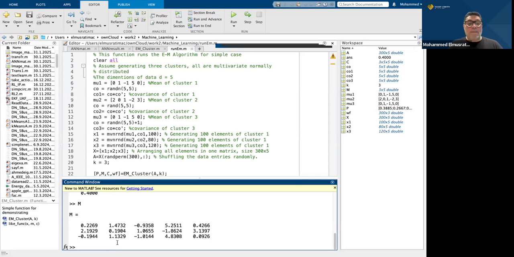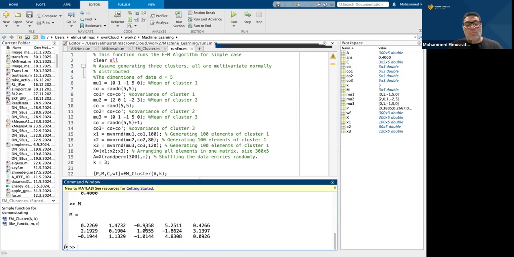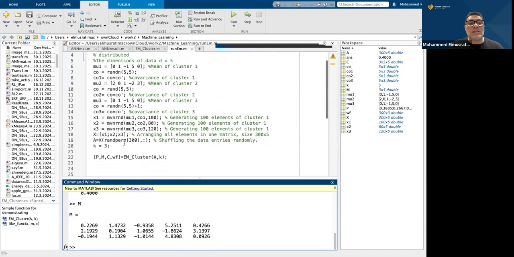So the mean gives you, as I said, for the first cluster, it seems that the first probability is for the third cluster in my generated data. So the first one here gives you 0.2269, 1.47, minus 0.9, 5.2, and 0.46. Okay, let me check the mean of the third cluster.